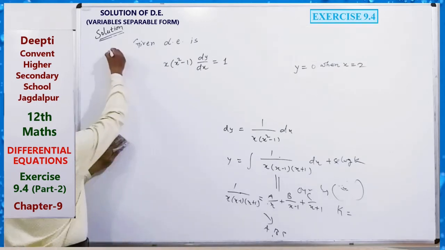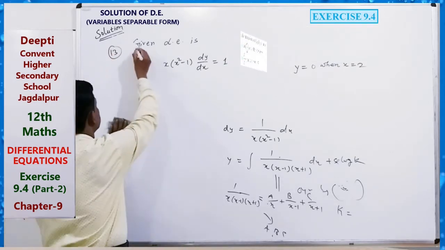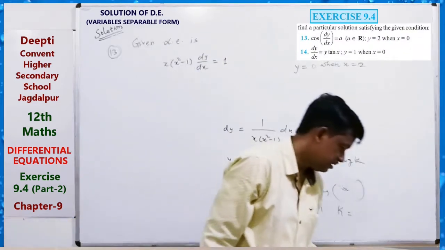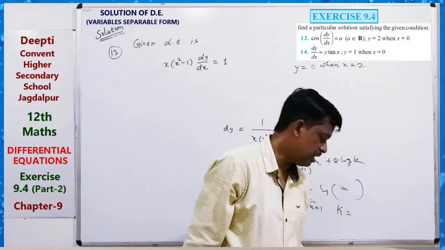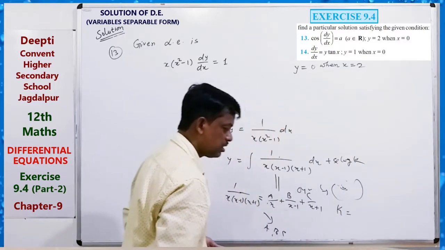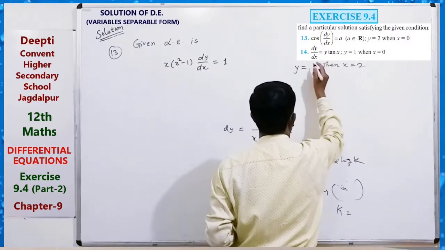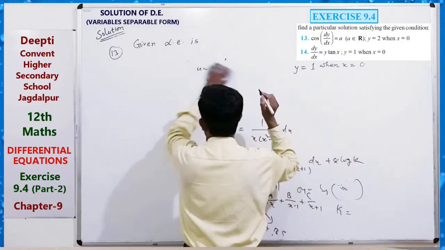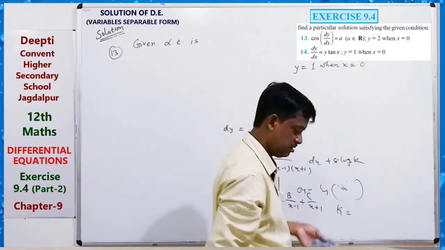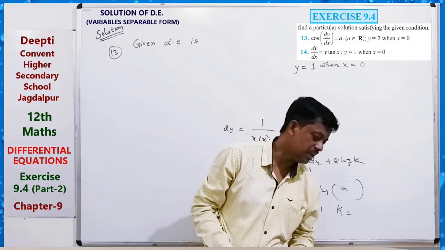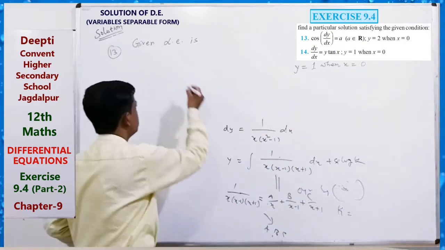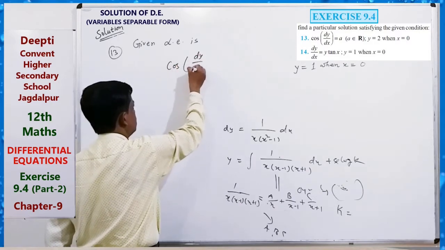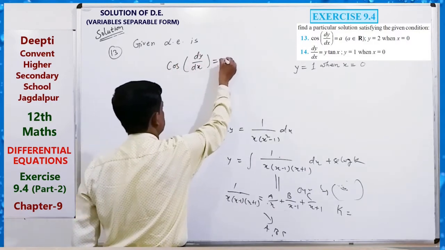Okay, now question 13. What is question 13? cos(dy/dx) equal to a, a belongs to R, y equal to 1 when x equals 0. And the given equation is very simple: cos(dy/dx) equals a.